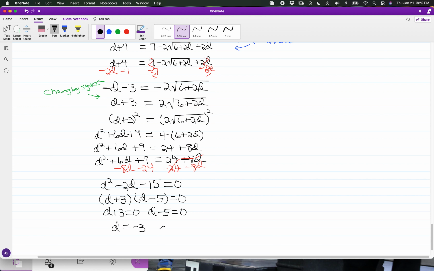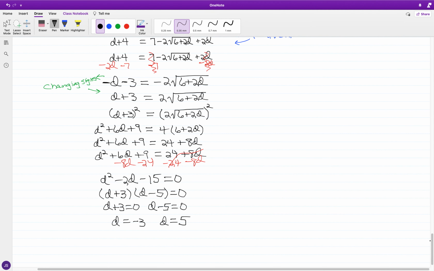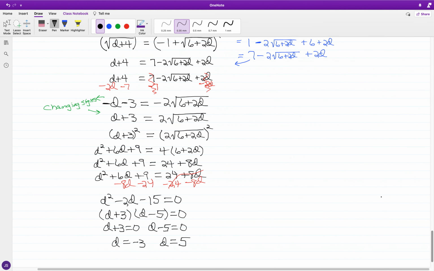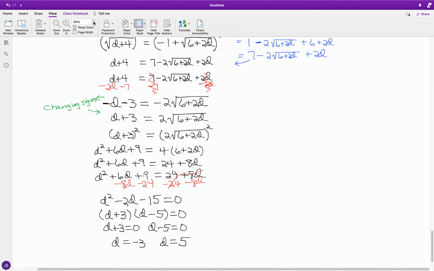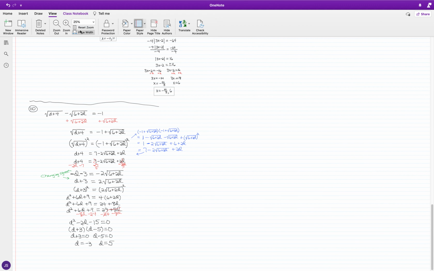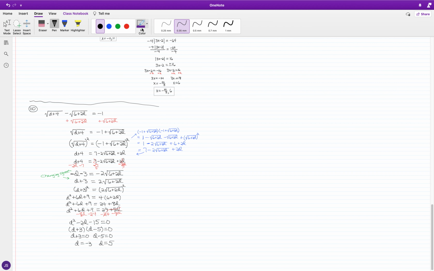Now it might be that both will check out, or that one will check out, or that none will check out. And just looking at what we have now with negative 3 and 5. See if I can get this view just small enough. Yeah. So you have D at negative 3, going back to what we have here.